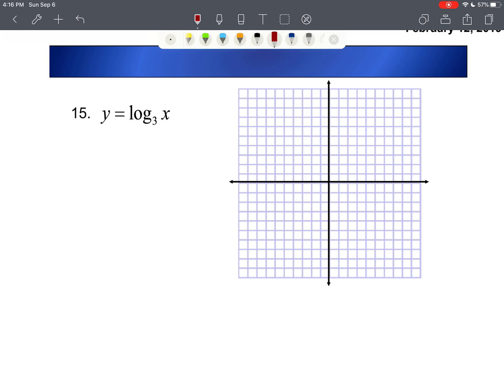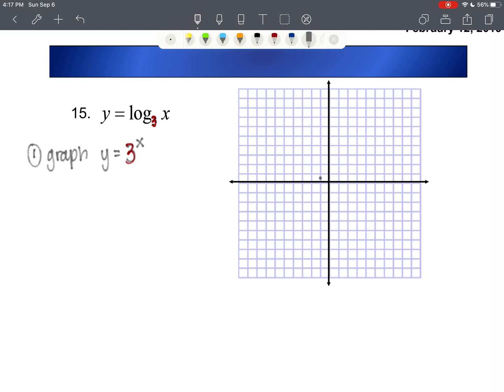So now let's try graphing when we only have one log function to graph. y equals log base 3 of x. So what I do first is I graph the exponential y equals 3 to the x. Now why did I choose 3? Because the base is 3. So I'm going to graph y equals 3 to the x.